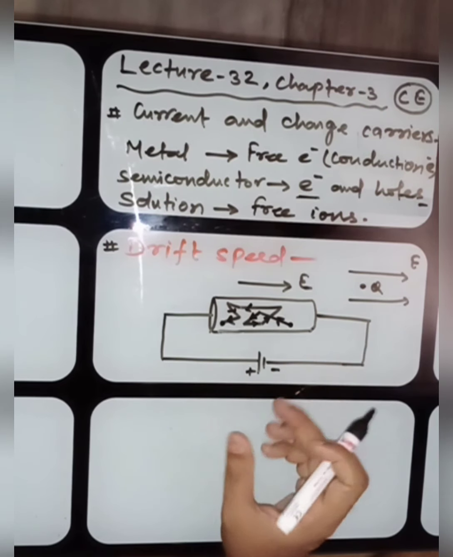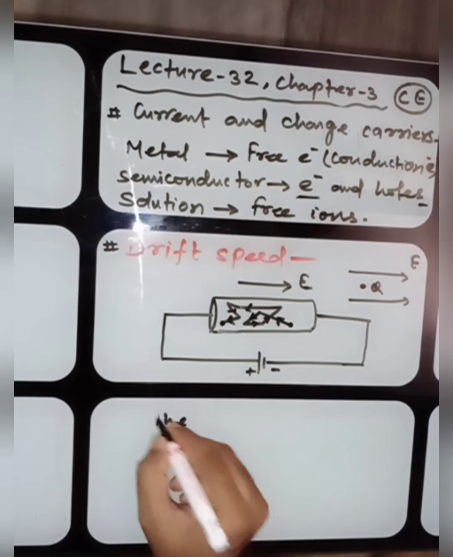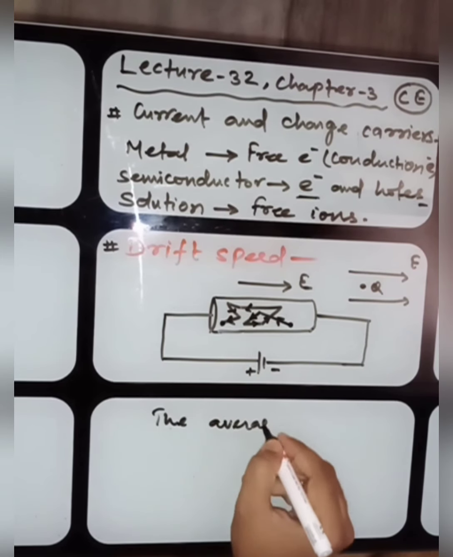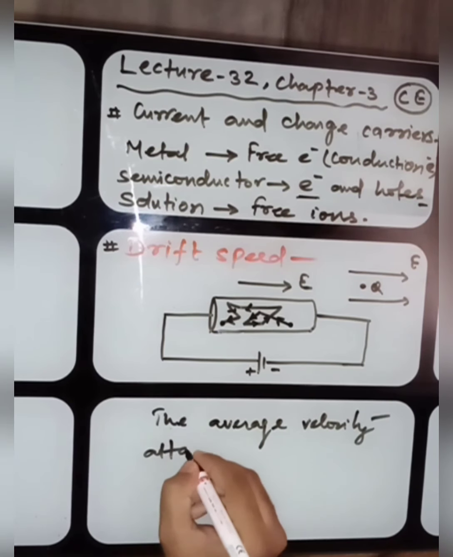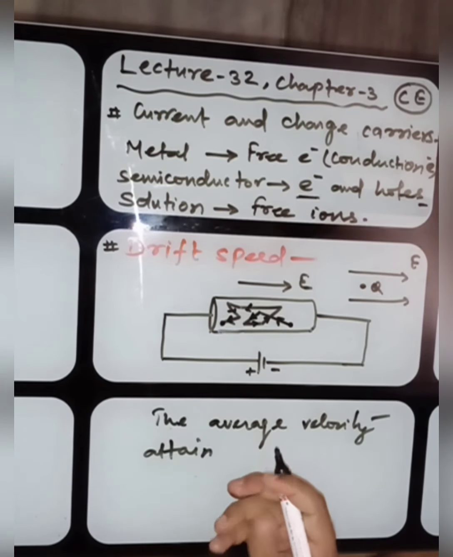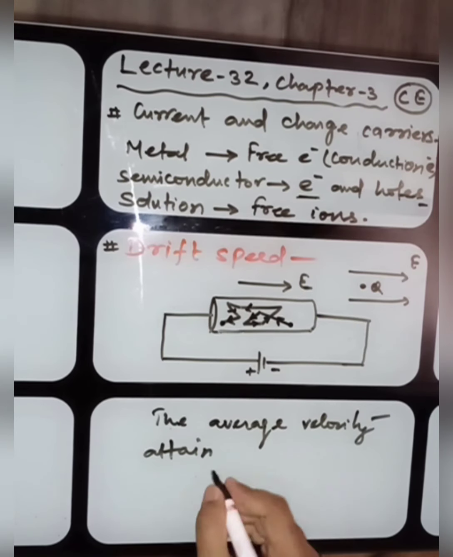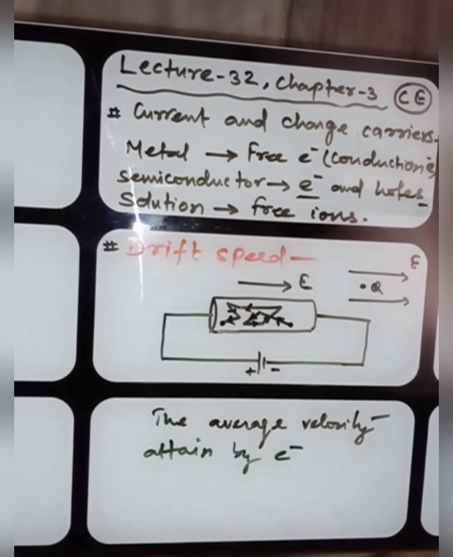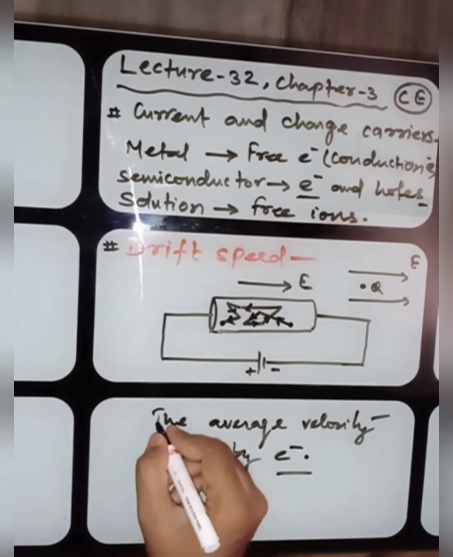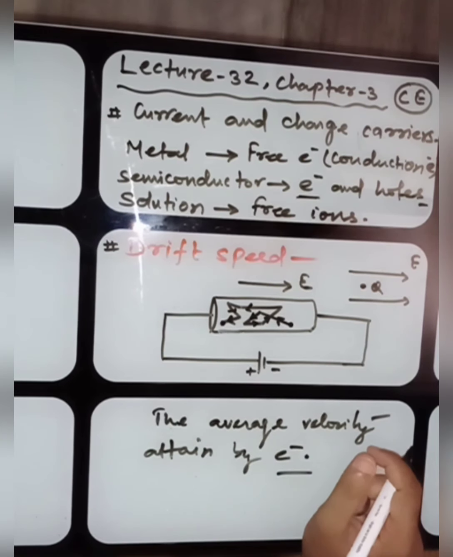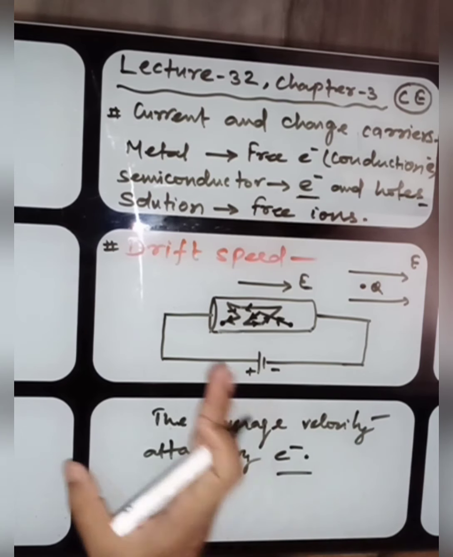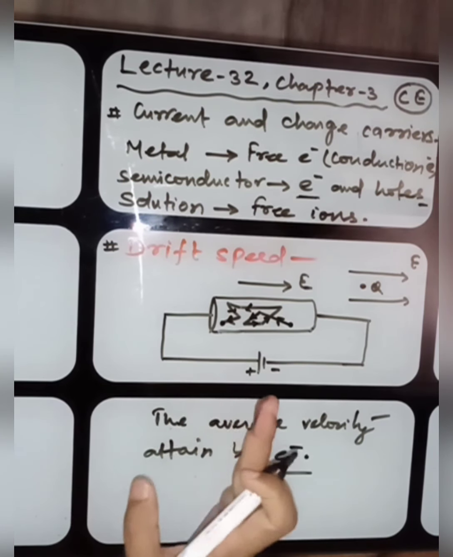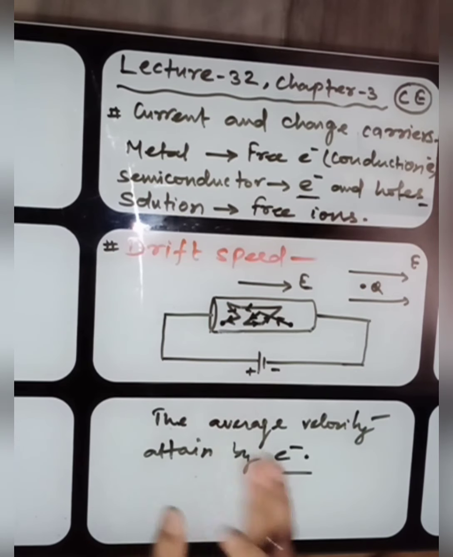The average velocity attained by the electron is called drift speed. This is the definition of drift speed. Remember, again I'm telling you, the electron moves with very high speed, but it drifts very slowly.